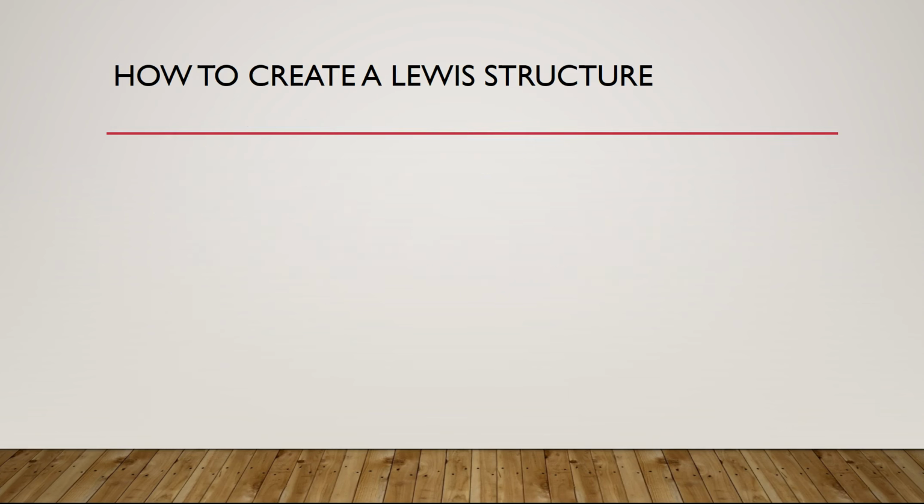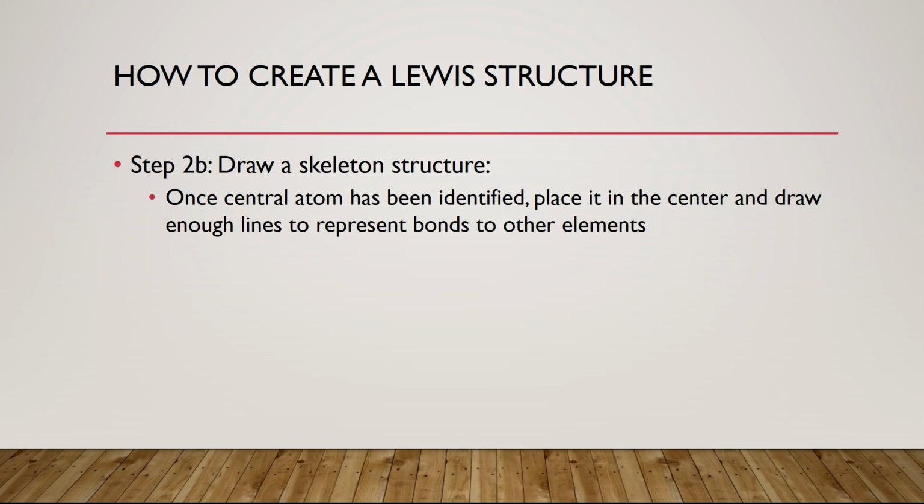Now we're going to draw a skeleton structure. So once the central atom has been identified, we'll place it in the center and draw enough lines to represent the bonds to the other elements. So I'm going to go for methane here. I'm going to go carbon in the center. I'm going to draw a line there, there, there, and there.